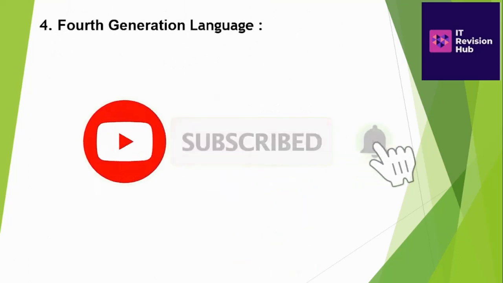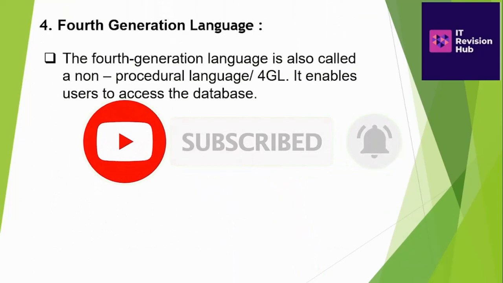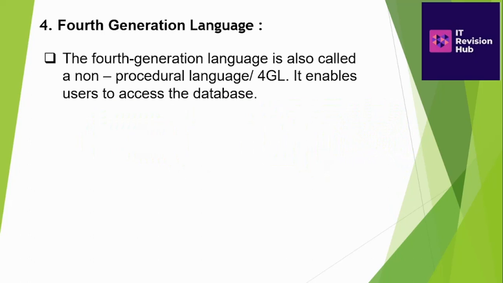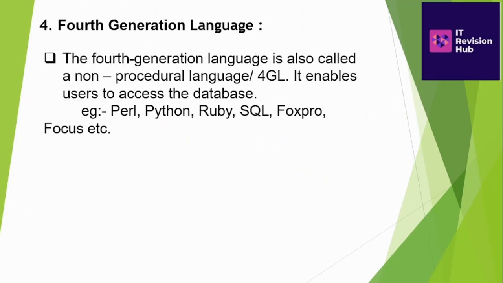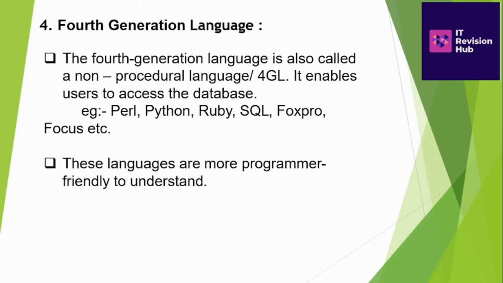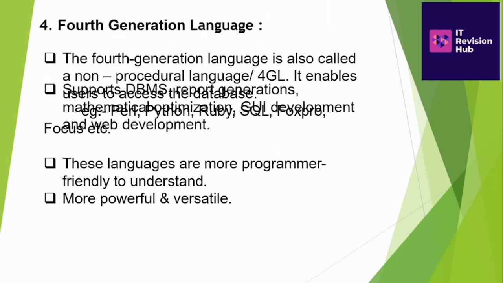Now let's look at the fourth generation language. Fourth generation language is also called a non-procedural language. It enables the user to access the database. Examples: Perl, Python, Ruby, SQL, Foxpro, Focus, etc. These languages are more programmer friendly to understand, more powerful and versatile.